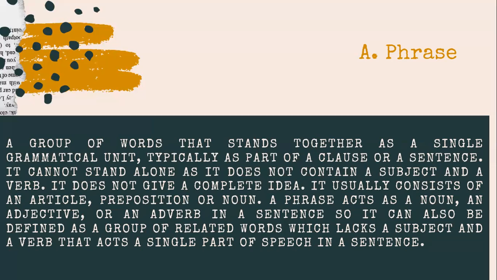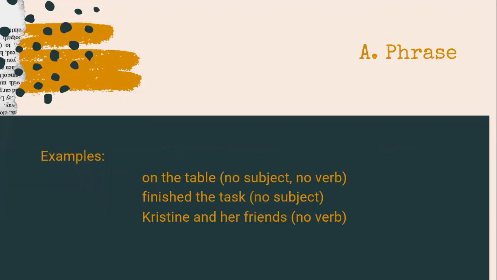So aside from that, a phrase can be a noun, an adjective, or an adverb, or it consists of an article, a preposition, or noun. We know that all these are parts of speech. That's why we can also define phrase as a group of related words that acts as a single part of speech in a sentence.